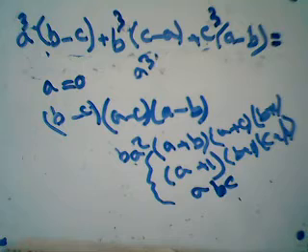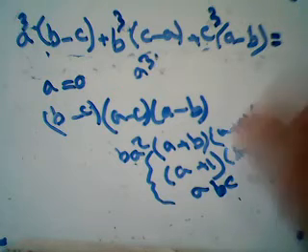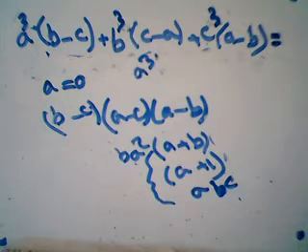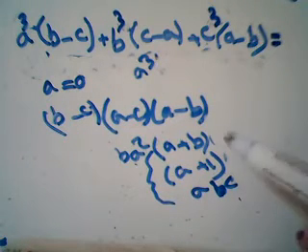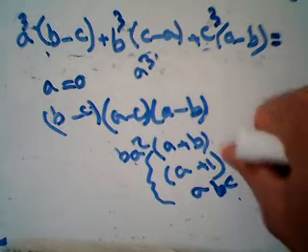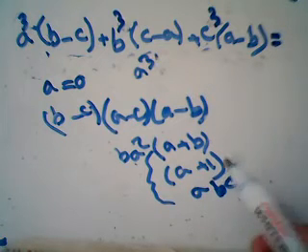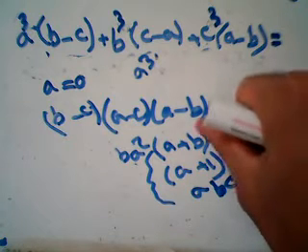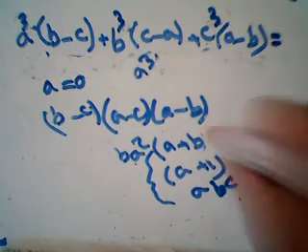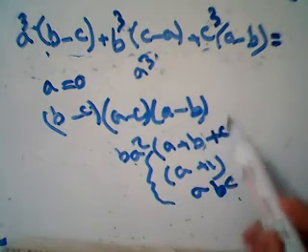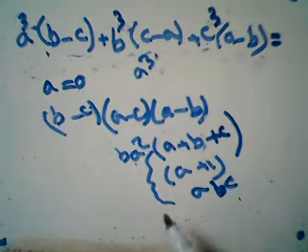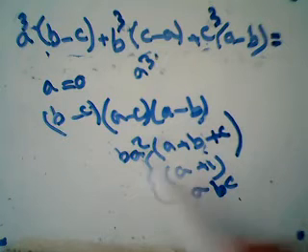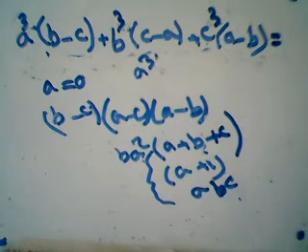So we should have this kind of thing, and in order to remain symmetric, the other factor should be in the form of a plus b plus c. Degree of this is 1, degree of this is 3, so the degree of this side would also be 4.